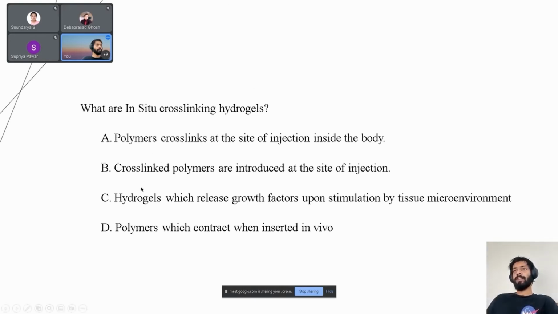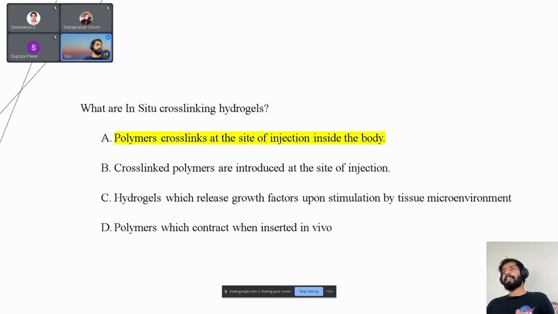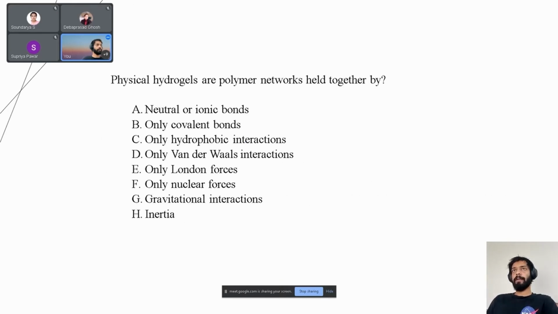Can they also be cross-linked polymers that are introduced at the site of injection? Yes, polymers that cross-link at the site of injection are called in situ cross-linking hydrogels. Whenever cross-linking happens inside the body, it's in situ cross-linking.